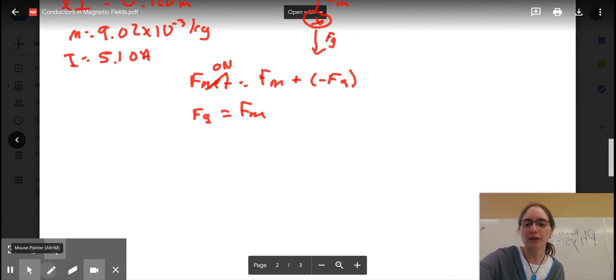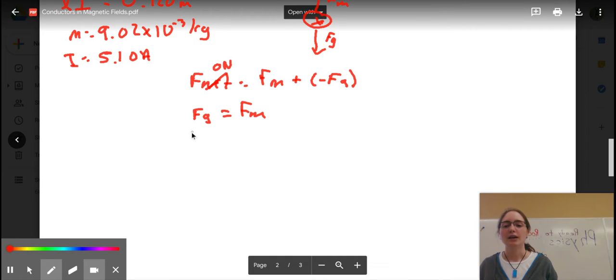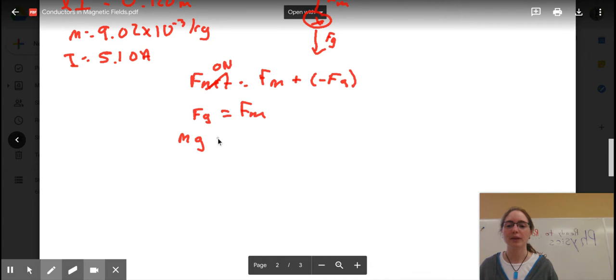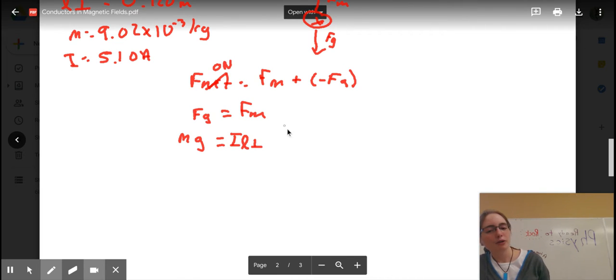Now, we scroll down a bit. As we know, Fg is always equal to mg. And now my equation is I L perpendicular, and we're going to multiply that by our B. Now I'm trying to find the strength of my field here, so I'm going to divide out my I and my L perpendicular.